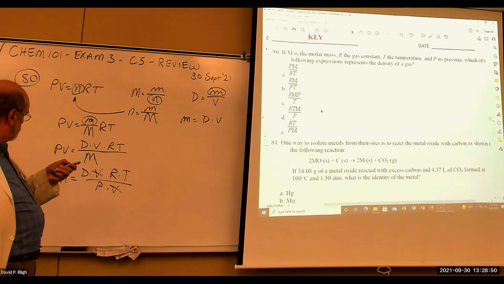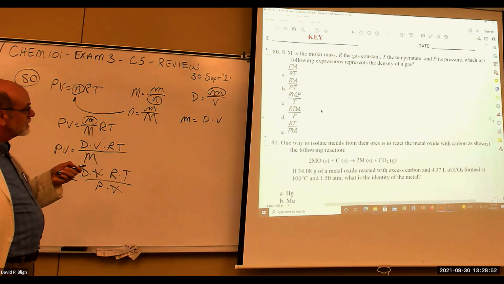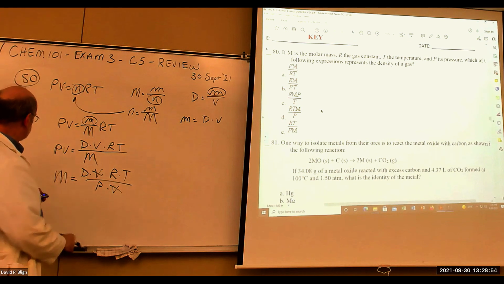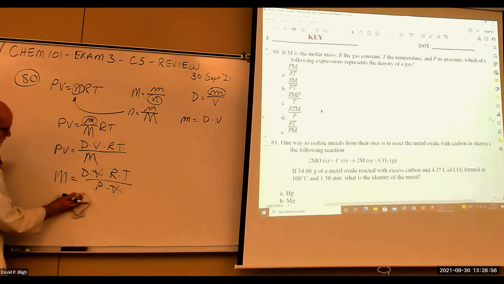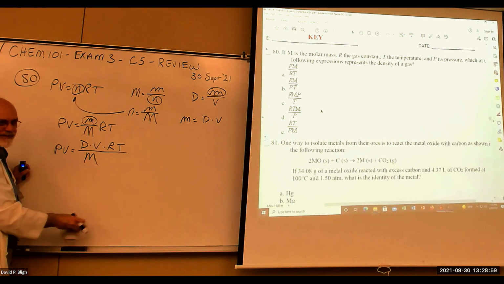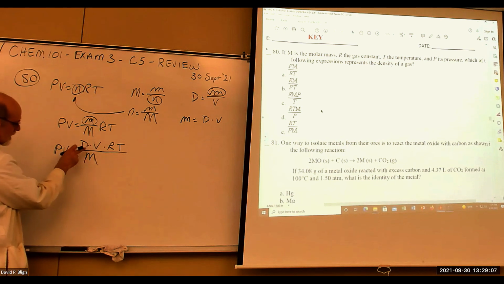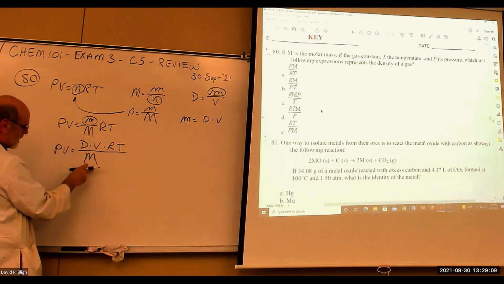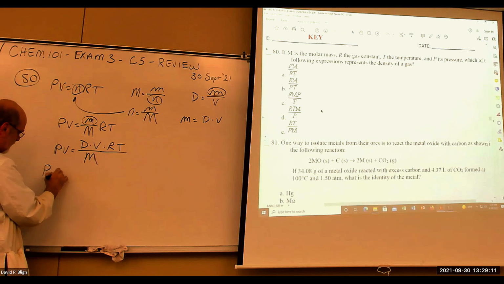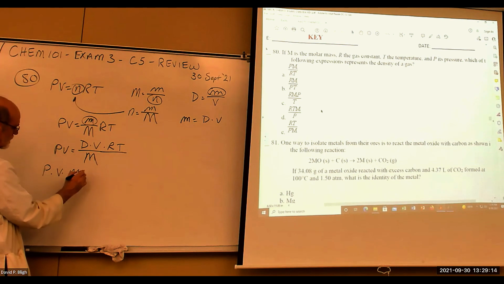Density equals. Oh, wait a minute. I solved for the wrong one, didn't I? Let's try that again. Go back and read the question. We're solving for density. Which one represents the density? Okay, so the density stays here. This one comes over here, PVM.